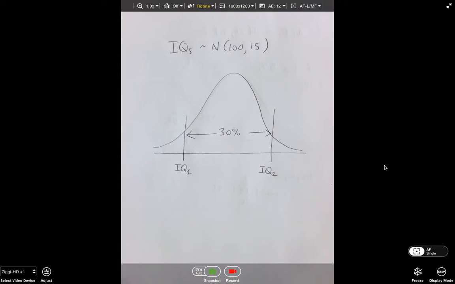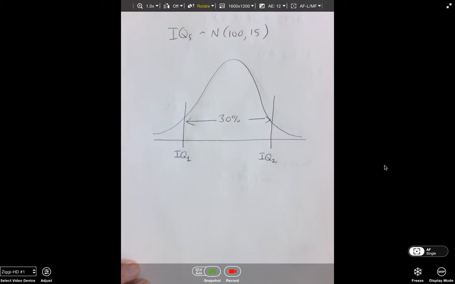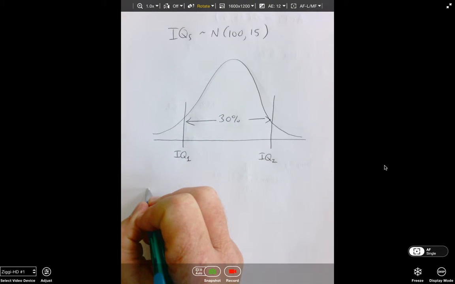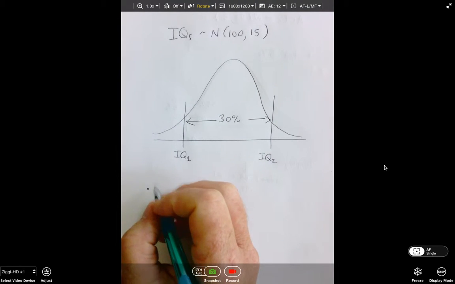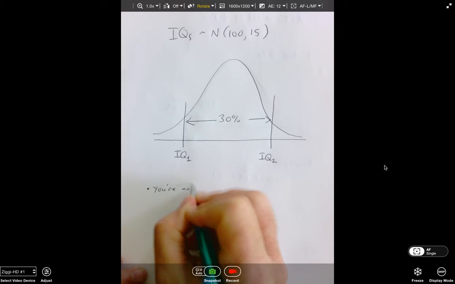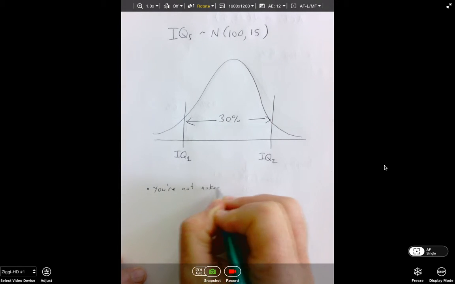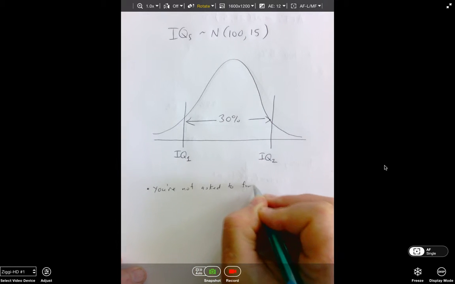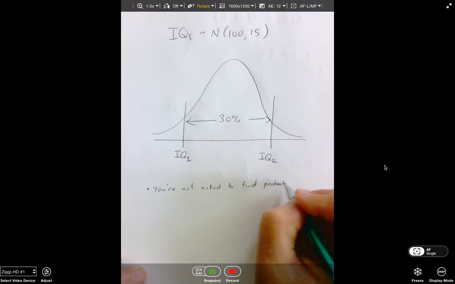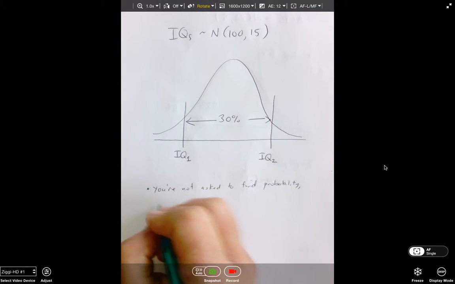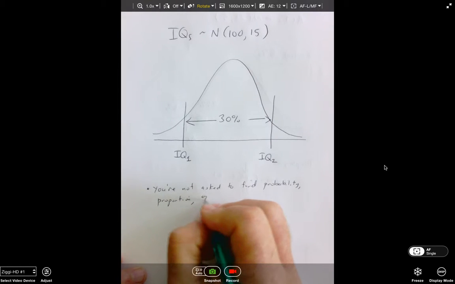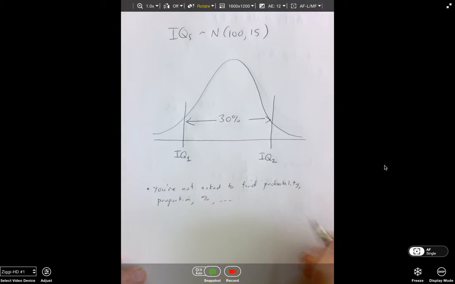Now, the thought process on this type of problem should be the following. First of all, you're not being asked to find something that starts with a P. You're not being asked to find probability, proportion, percentage, yada, yada, yada.